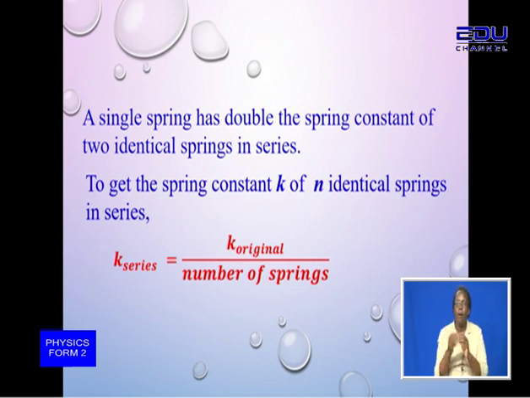So if you have 5 springs and the spring constant of each of them, let's say, is 2 newtons per meter, then it means that you will be taking 2 divided by 5, so that the spring constant is less than that of a single spring.